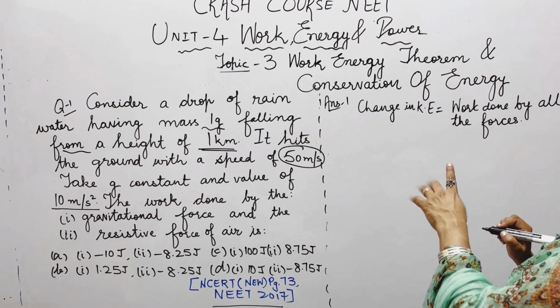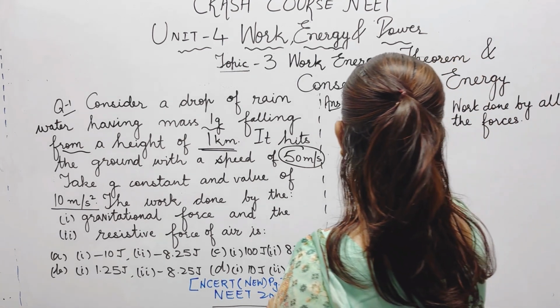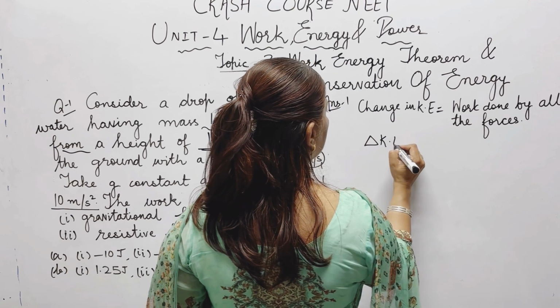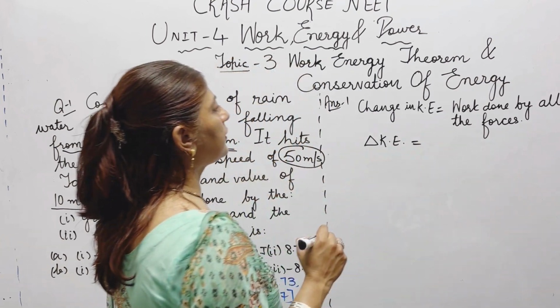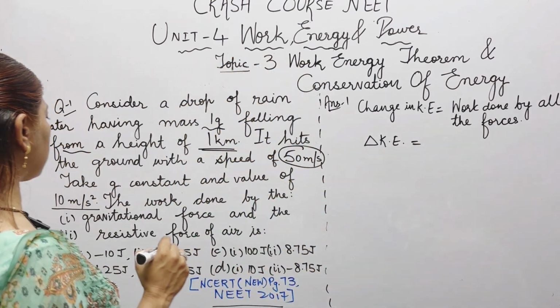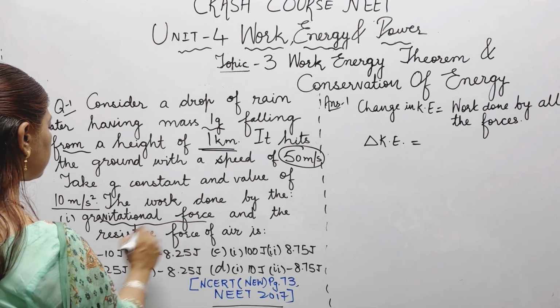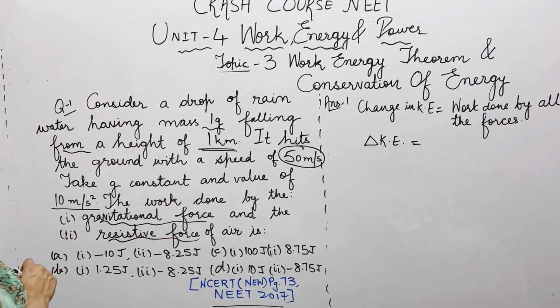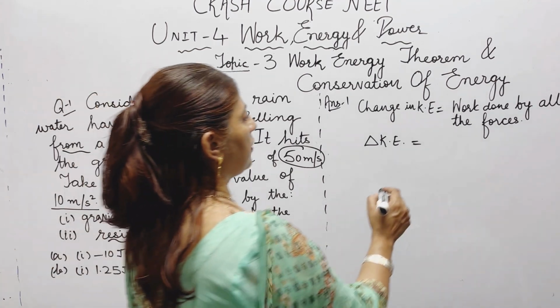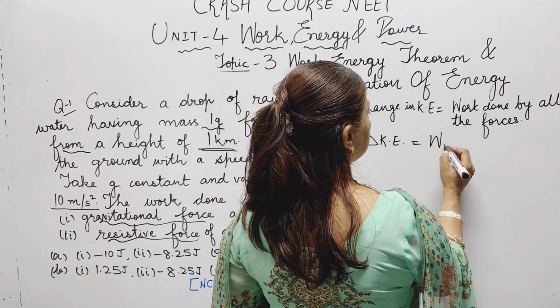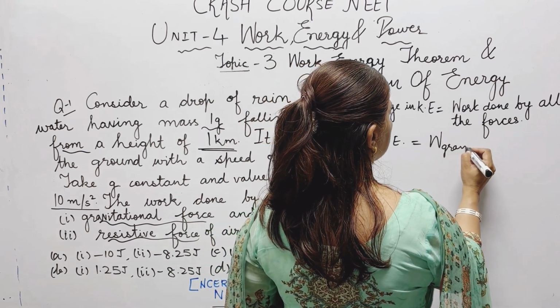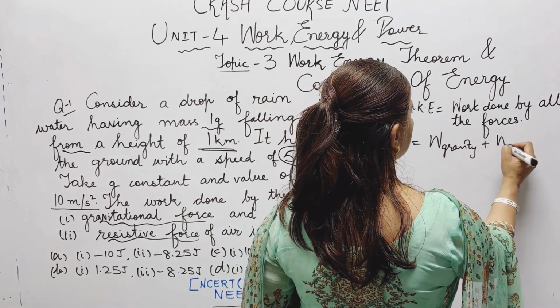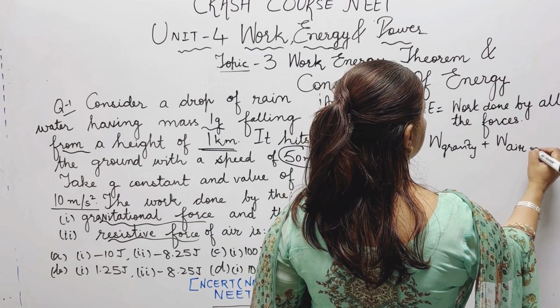The change in kinetic energy is denoted by delta KE, and the work done is by the forces that are here: the gravitational force and the resistive force of air. So this is the work done by gravity plus the work done by air resistance.